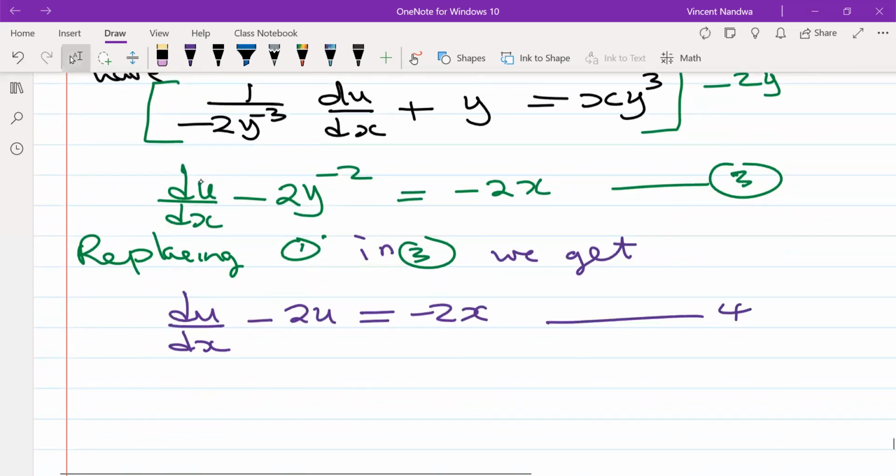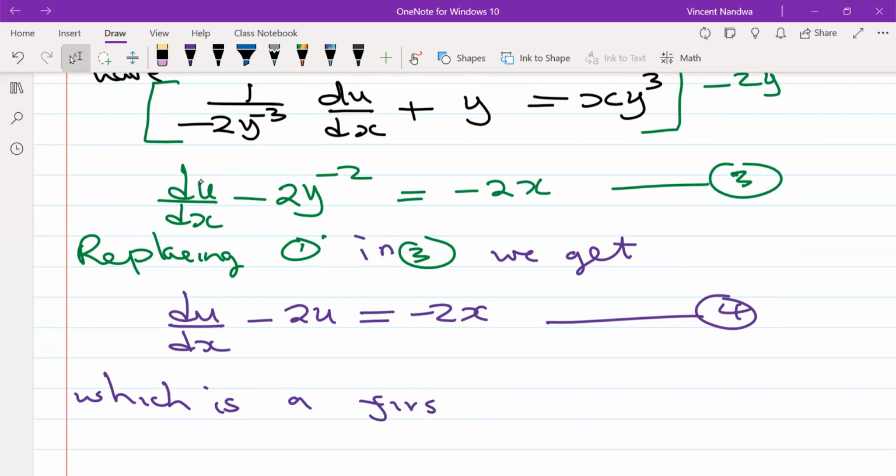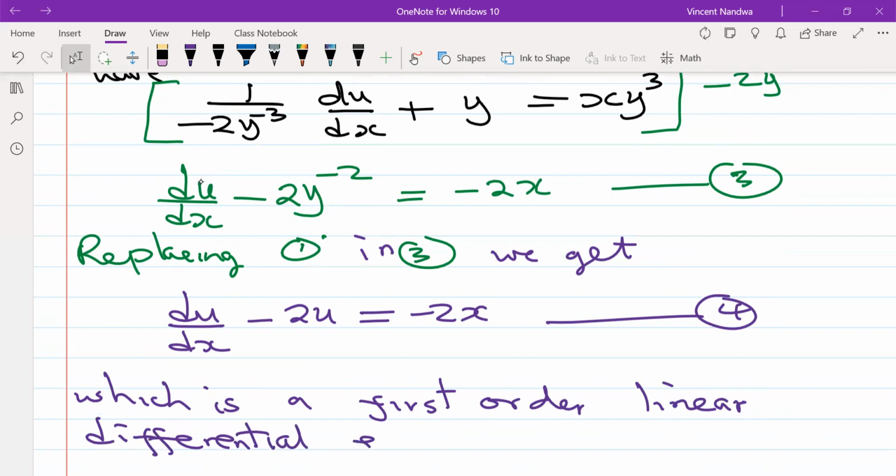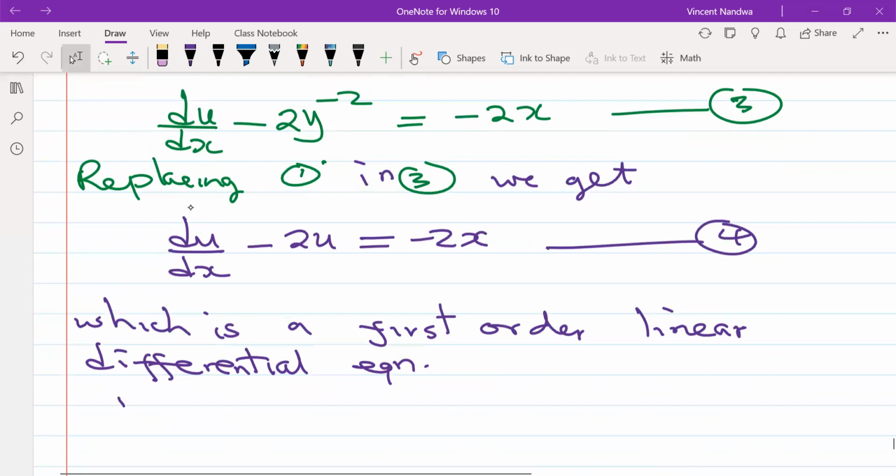If I call this 4, it is a first order linear differential equation. Now here, remember first order in u will be of this form.